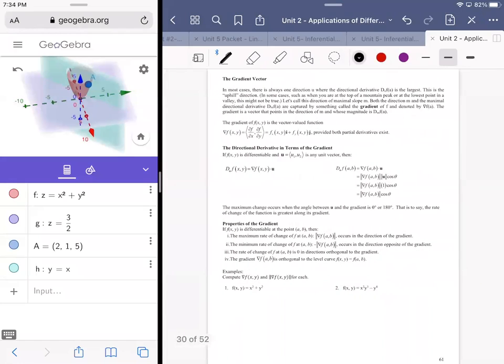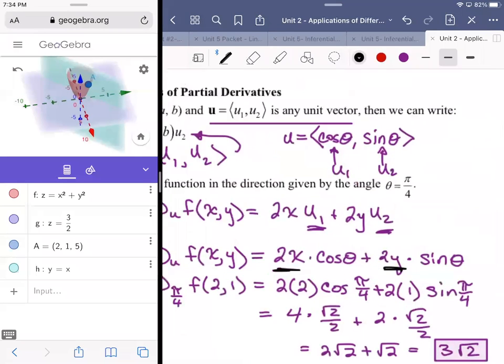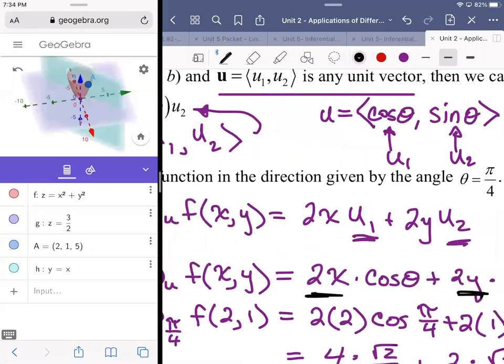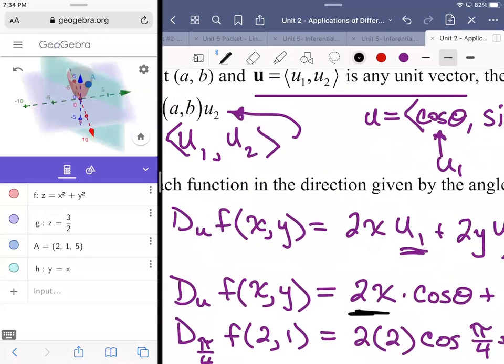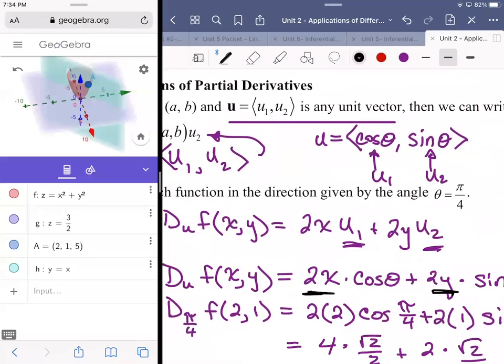Now the gradient vector, this is kind of the natural follow-up to this. And I already kind of stole my own thunder a little bit in the sense that when we had the function written here, the D_u f(x, y), and I wrote it in terms of x and y rather than putting in the numerical value, that was more along the lines of the gradient.